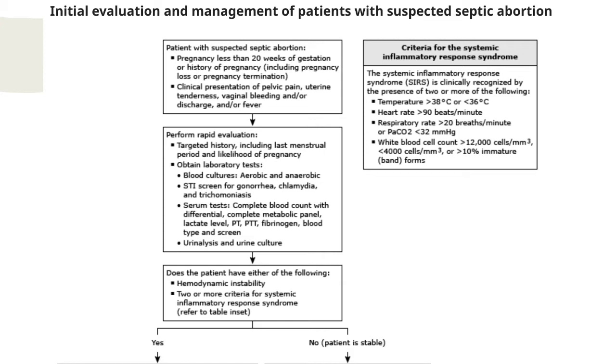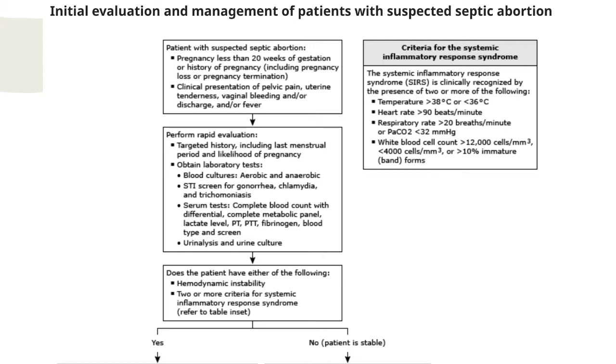So the CBC is to evaluate for hemoglobin and for a white count. The PT, PTT, and fibrinogen are to evaluate for concern for DIC, which could be a complication of septic abortion. And of course, lactate level as well could evaluate for sepsis. You may also get a urinalysis and urine culture.